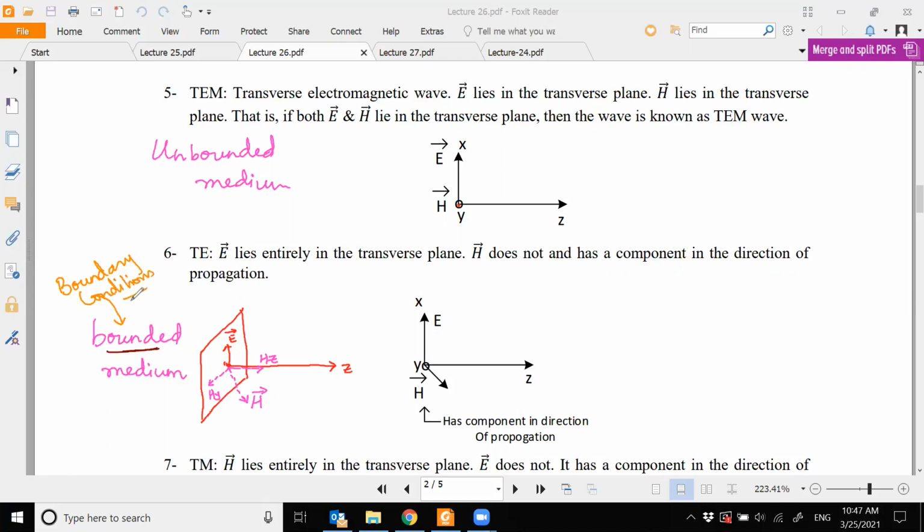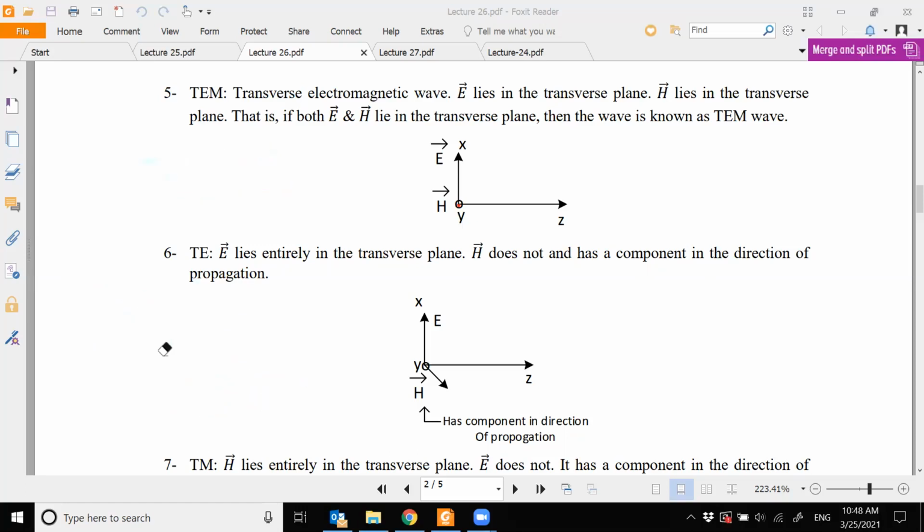Remember the boundary conditions of electric field and magnetic field, that will come into picture. Those boundary conditions will enforce the electric and magnetic field in this manner. And that's why the name transverse electric modes came.